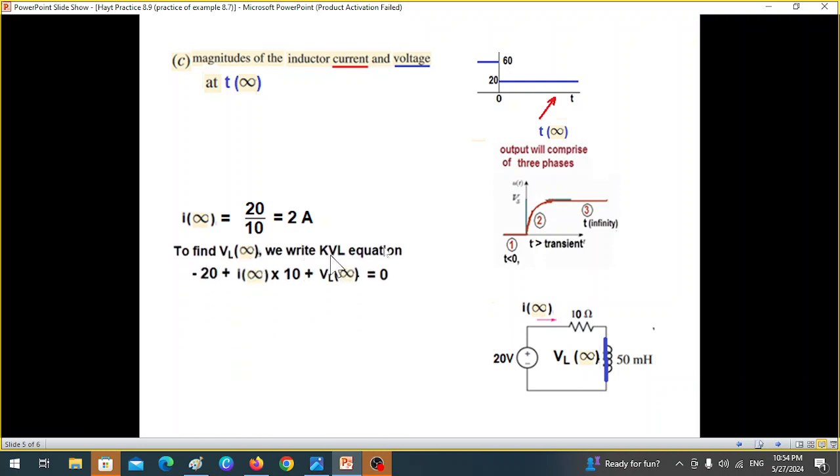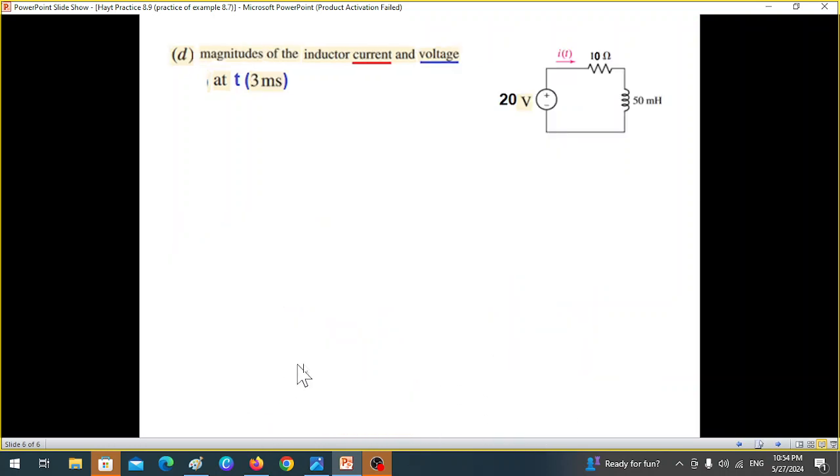And by KVL, we'll find the voltage, same technique that we followed earlier. IL is 2 here. So plugging in the values, VL infinity is also equal to 0. Same logic, since there is no resistance, it should be 0. So these are the three parts. The most important part is this one.